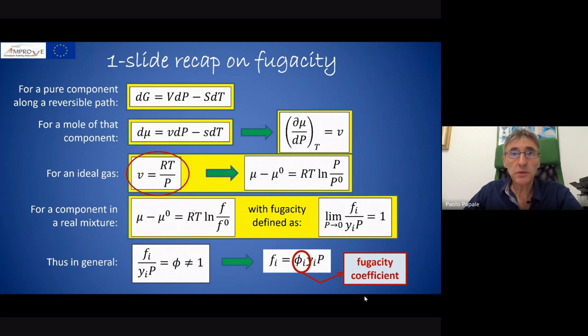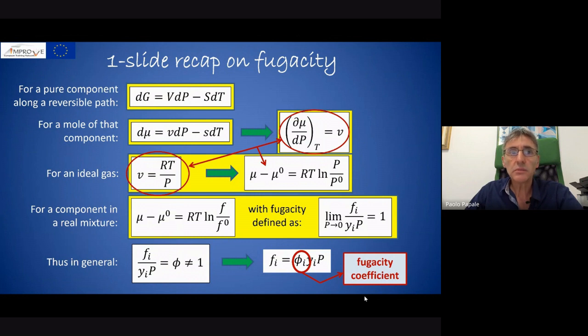Note that here the composition of the specific gas is included in the numerical value of R, the gas constant for the specific gas under consideration, which is given by the absolute gas constant divided by the molecular weight of the gas. Knowing how to express the volume of gas, we can substitute it in the derivative of the chemical potential, integrate it, and obtain a simple expression for the chemical potential of an ideal gas.